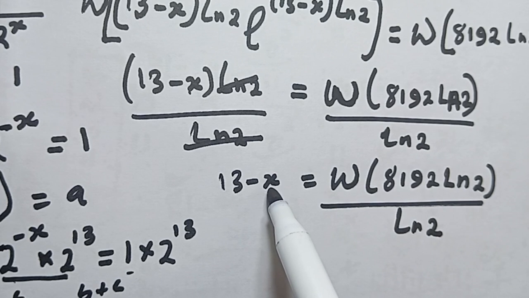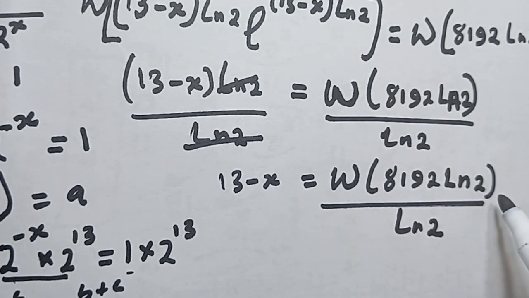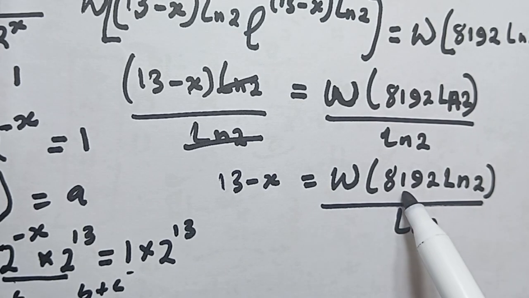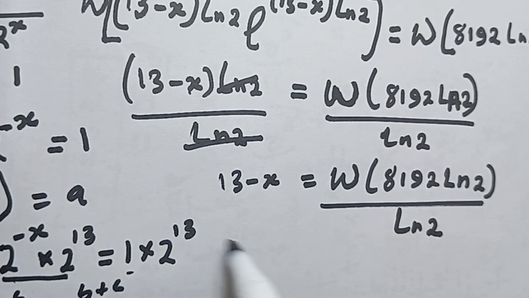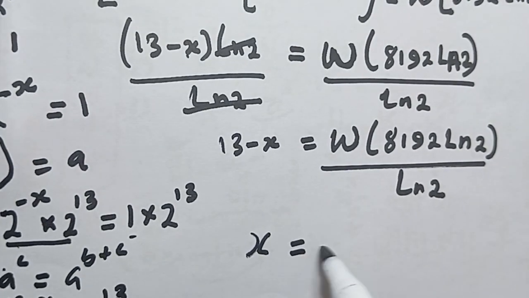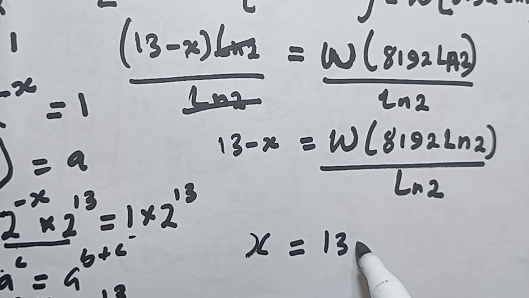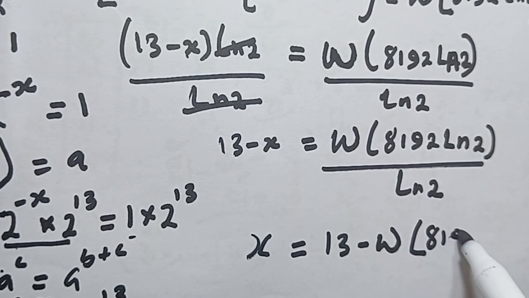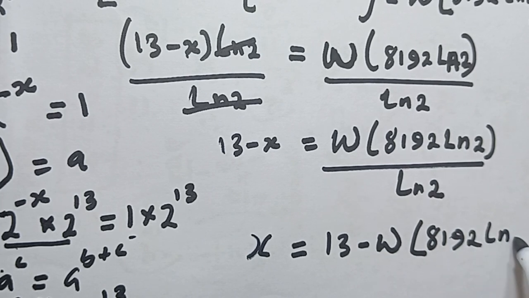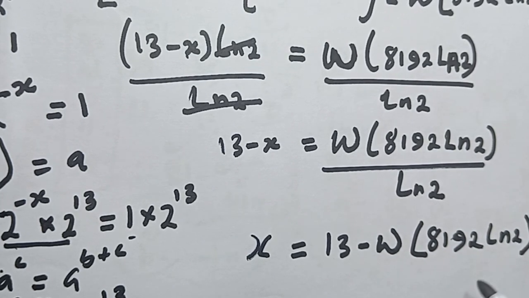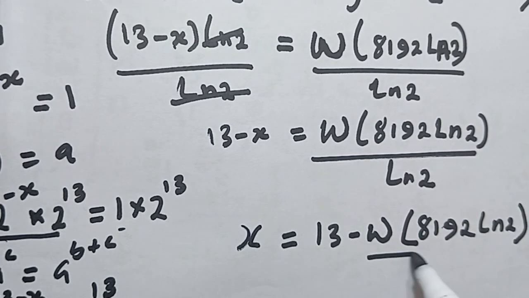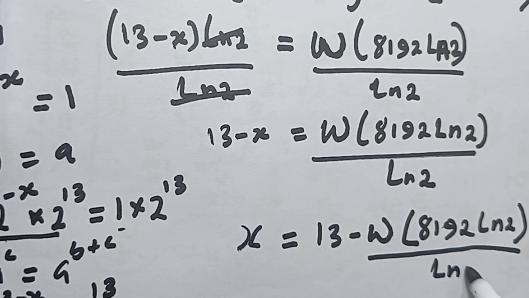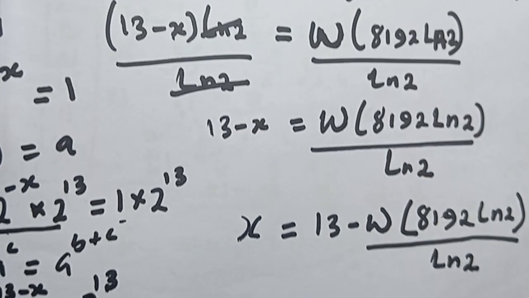When I move this x to the right hand side and move this one to the left hand side, the value of x will be 13 minus Lambert W function of 8192 multiplied by the natural log of 2, and then divided by the natural log of 2.